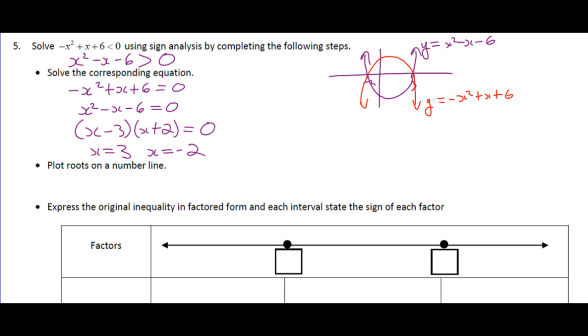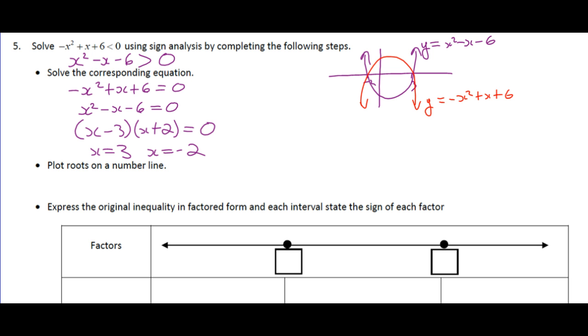If I multiply both sides by a negative, what do I do with the inequality? I flip it. So if we look at the purple, which is the quadratic equation, for the inequality I want greater than. If we look at the red, less than 0, that's the same two intervals.